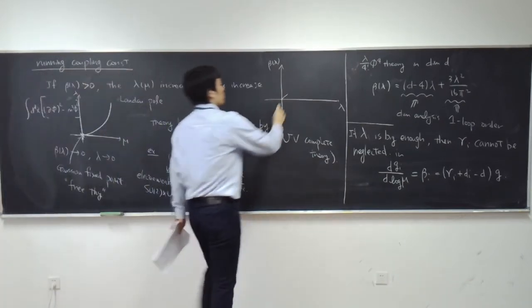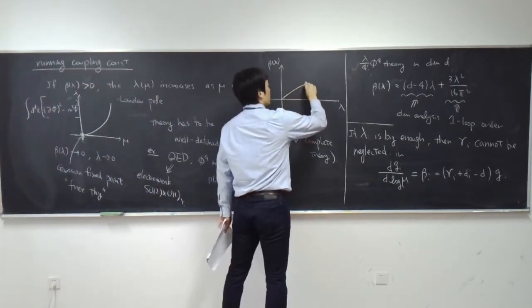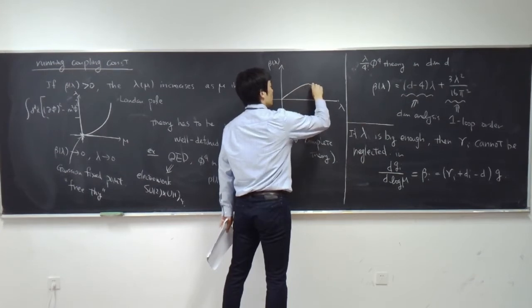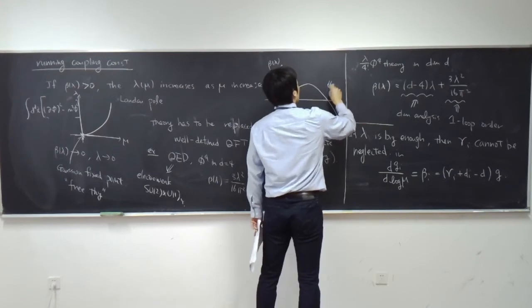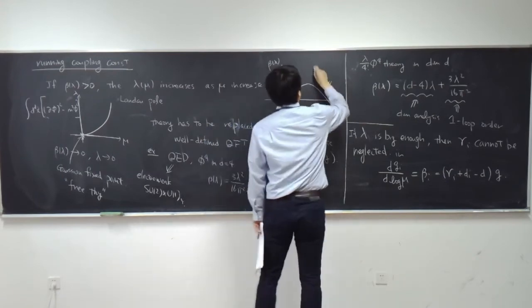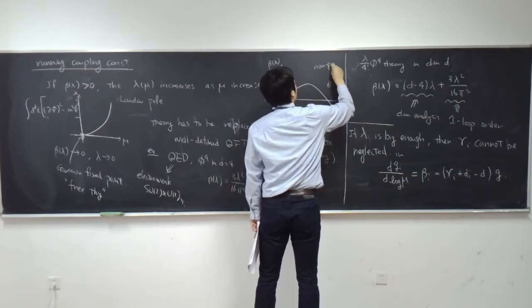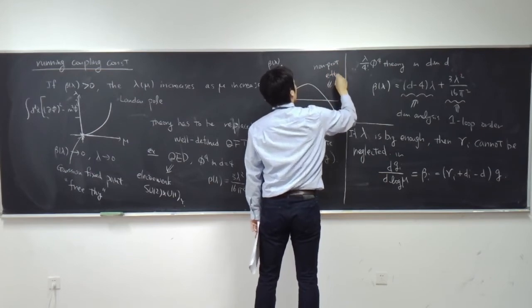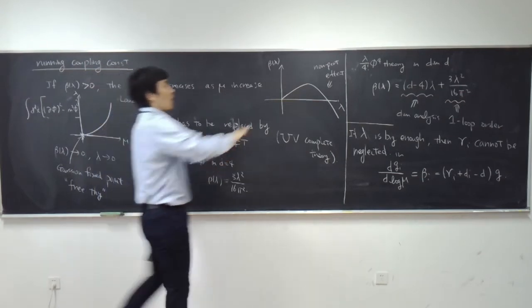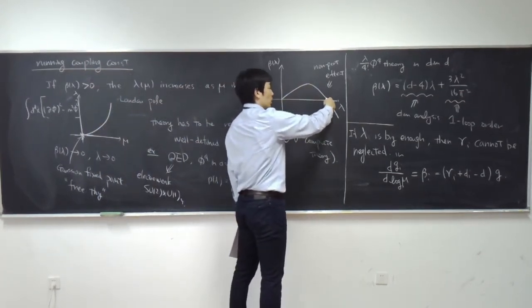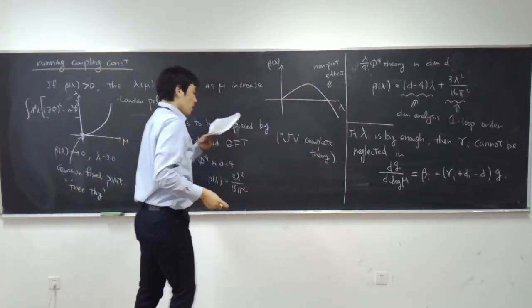But some non-perturbative effect could tell you that it decreases. Sometimes this non-perturbative effect bends the curve of the beta function to 0 at the UV.